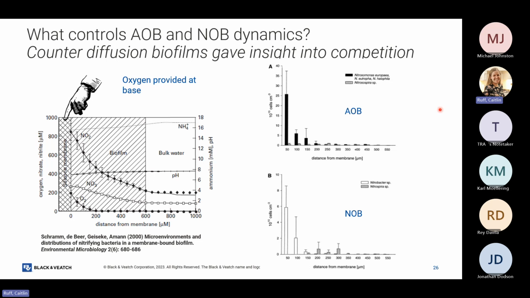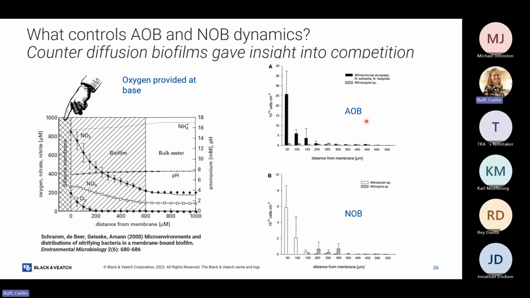So with this biofilm, they did some FISH stains and looked at the micro profiles, looking at the microbes and quantifying what species were there from various distances along the biofilm.